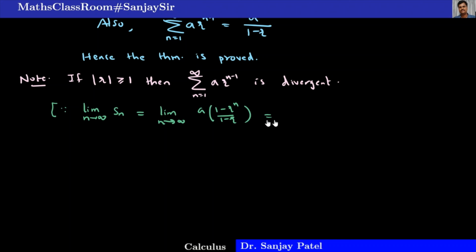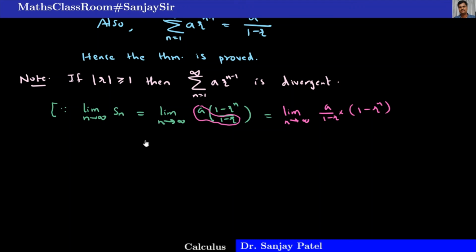It remains the same, only the value of r is changed. And remember that here a and 1 minus r are constants. So I can write it this way: the limit as n tends to infinity of a upon 1 minus r, which is some finite real number, into 1 minus r raised to n.